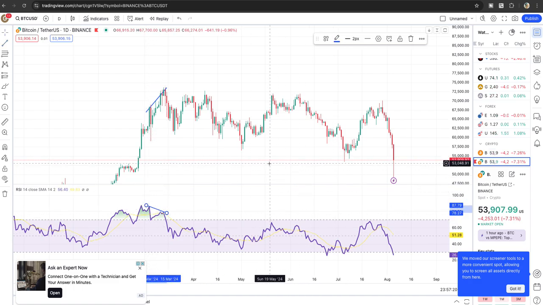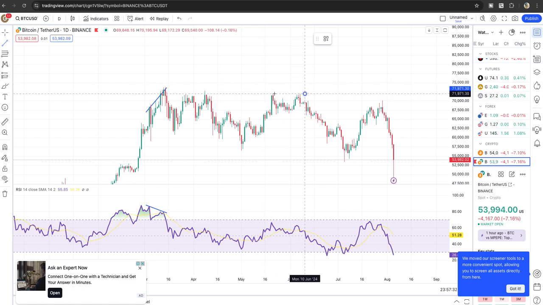In the second movement I'm choosing the tops like this and this. You can see these are almost similar. I'm using the trend line tool and drawing a line here. You can see this is not higher highs, it is a double top pattern.